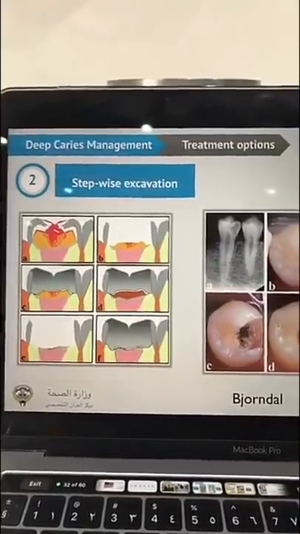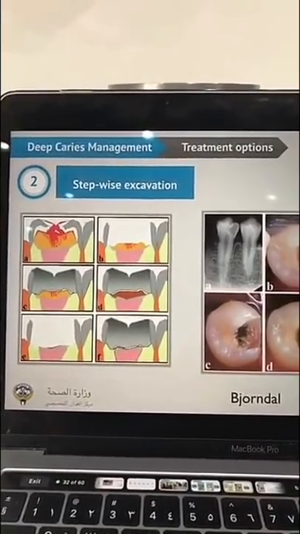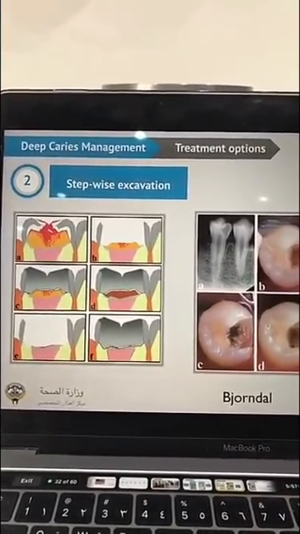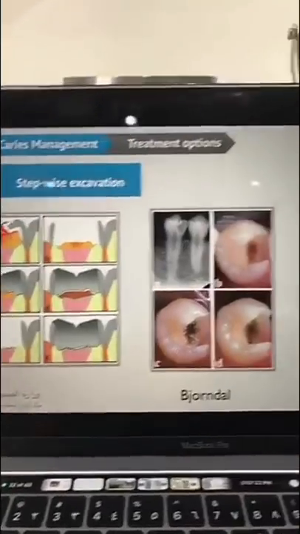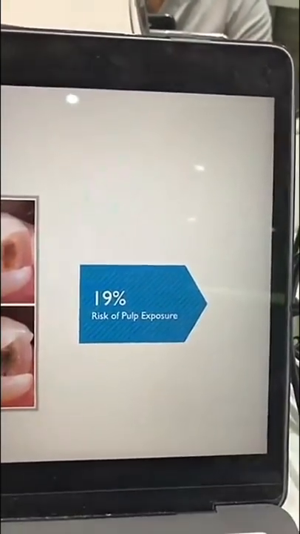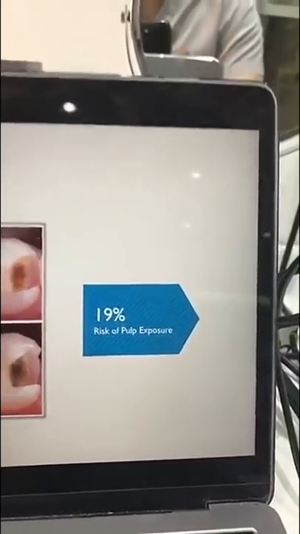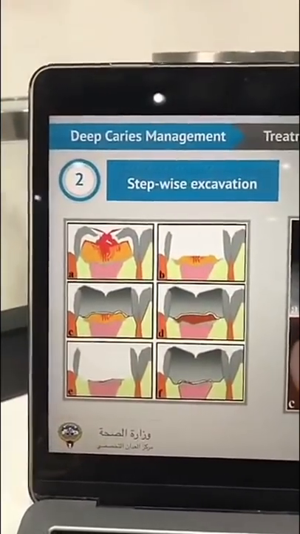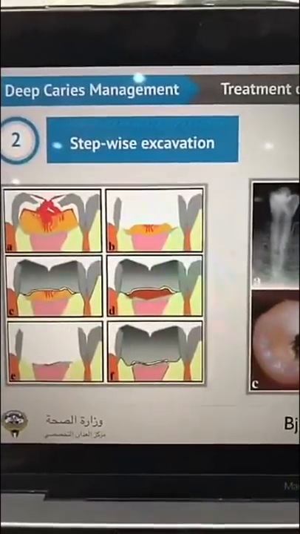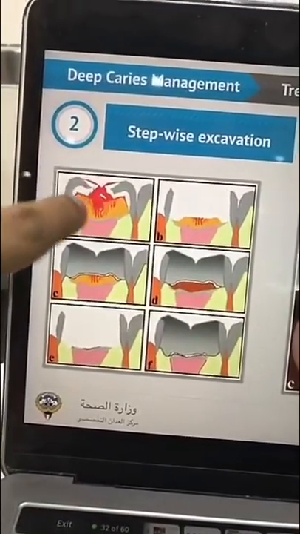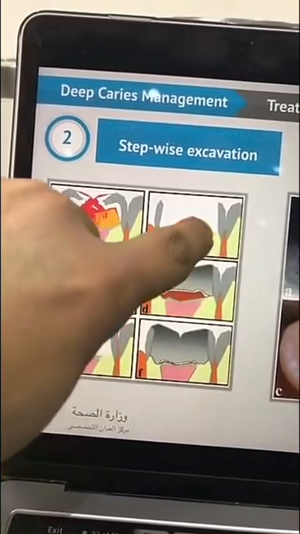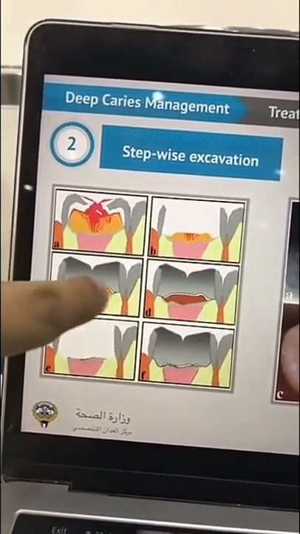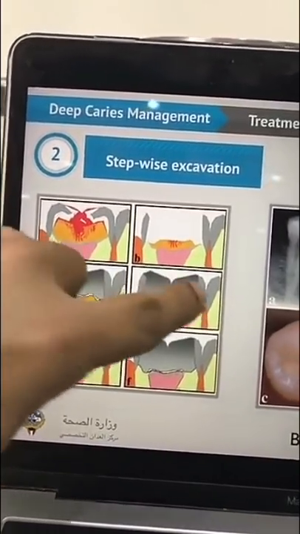Stepwise excavation is one of the procedures developed to reduce pulp exposure. The pulp exposure in this procedure is 19% compared to 30 or 40%. Typically, you remove the peripheral caries from all around the cavity, and then you leave just the caries around the pulp. Then you put calcium hydroxide, and then you fill it.